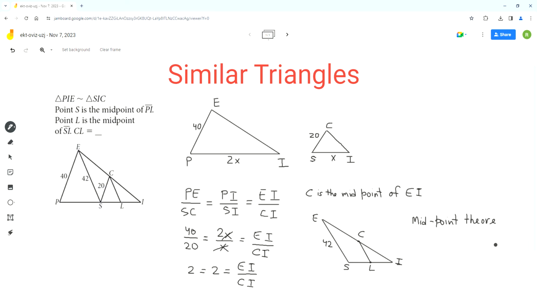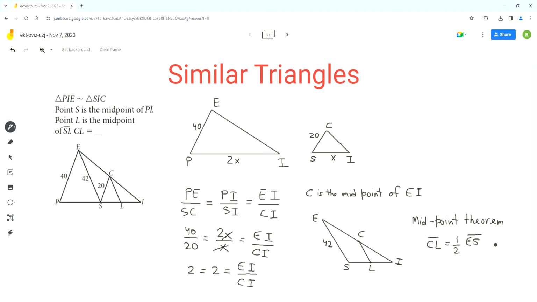As per the midpoint theorem, a line segment joining the midpoints of two sides of a triangle is parallel to the third side and is half the length of the third side. That means line segment CL is equal to half the length of side ES.